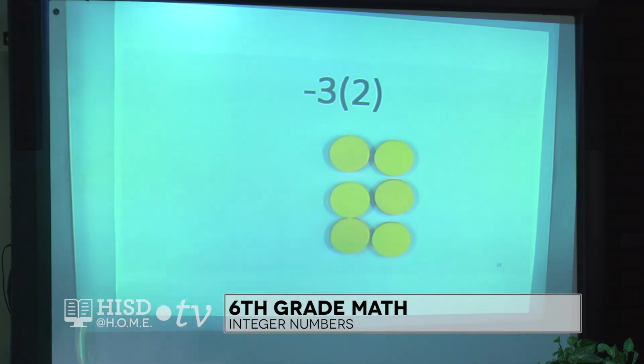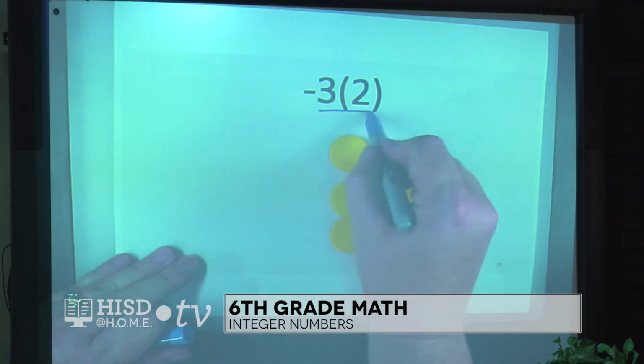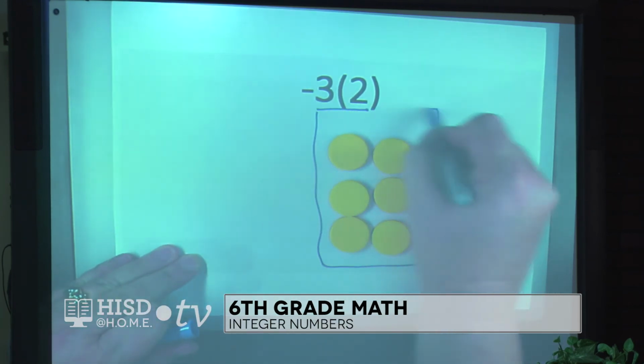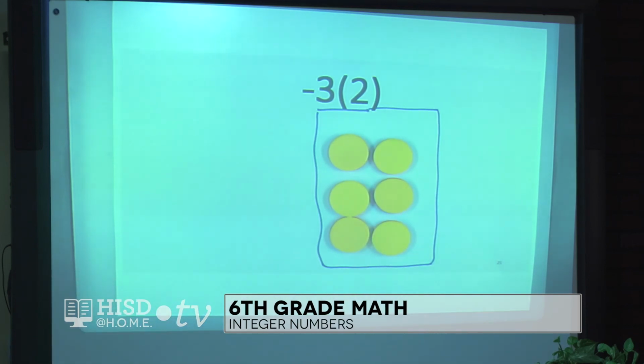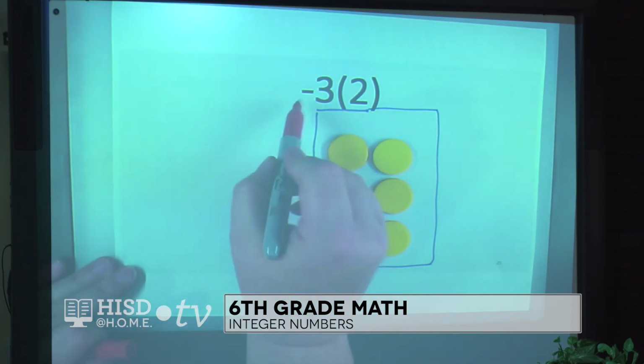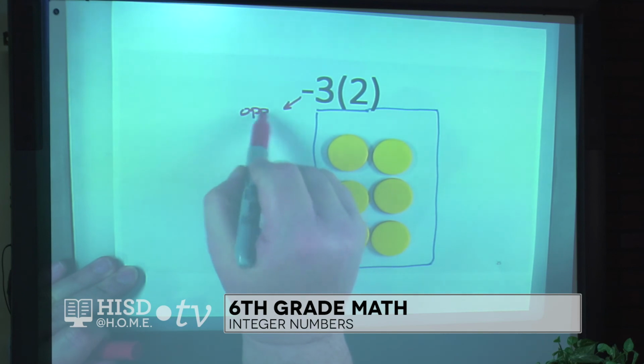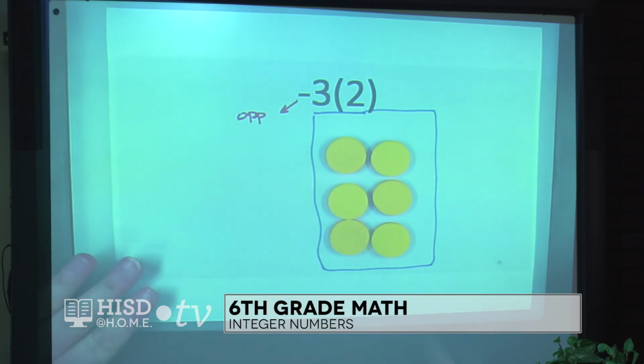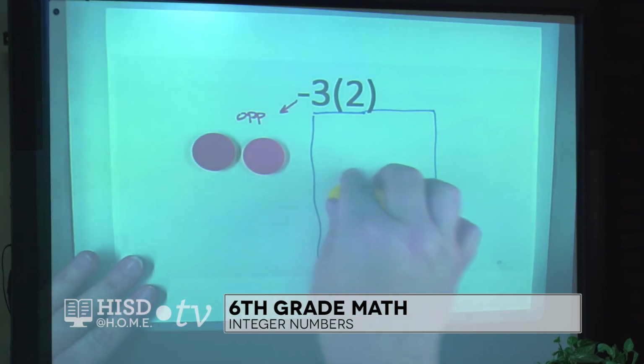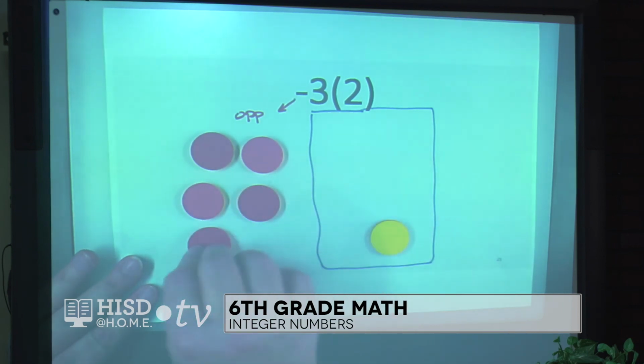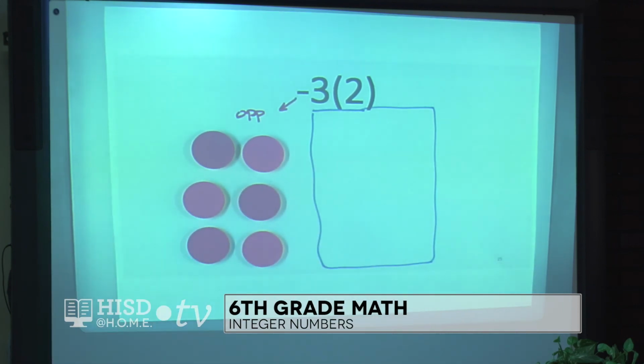Now remember, this is my 3 groups of 2, and then I want to take the opposite. So the opposite is negative 6. Okay, I hope we're starting to see a pattern here.